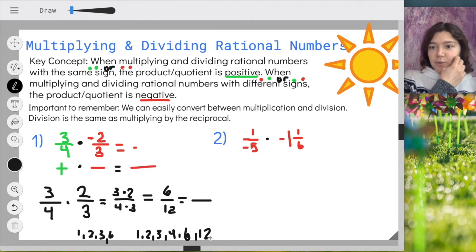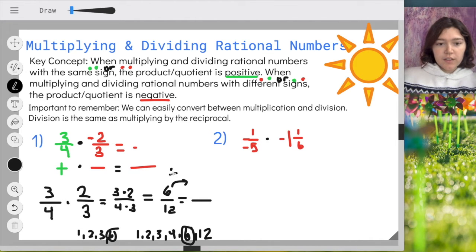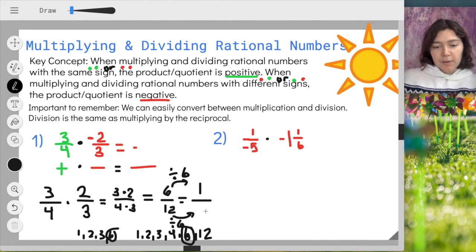So we're going to think of the greatest common factor of 6 and 12. That's going to be 6. So we can do 6 divided by 6 to get 1, and then 12 divided by 6, which is 2. Because when we're trying to find an equivalent fraction, you have to divide or multiply the numerator and the denominator by the same thing. So then we're going to get 1/2.